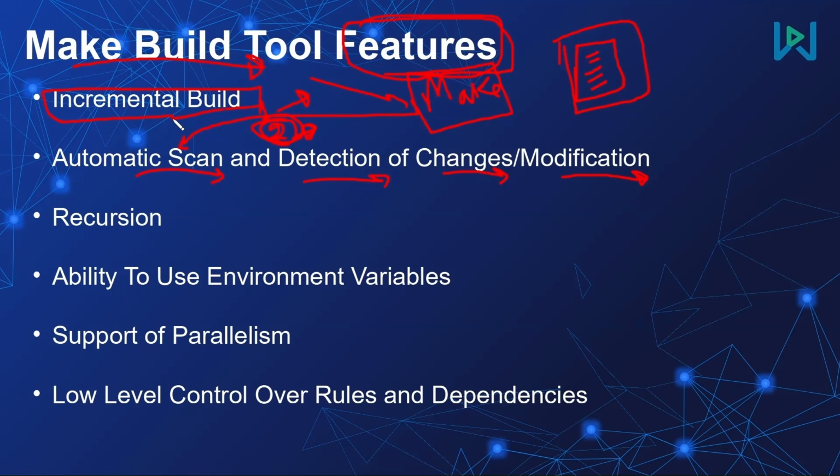Means we'll compile and build only the modified and changed files. The Makefile does support recursion. Means we can include a Makefile within another. Then we'll have the ability to use and import the different environment variables within our Makefile.